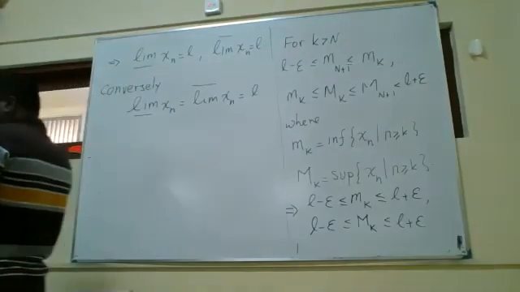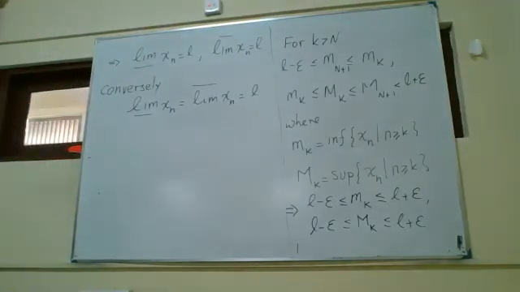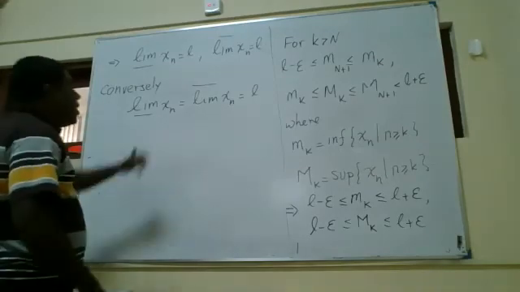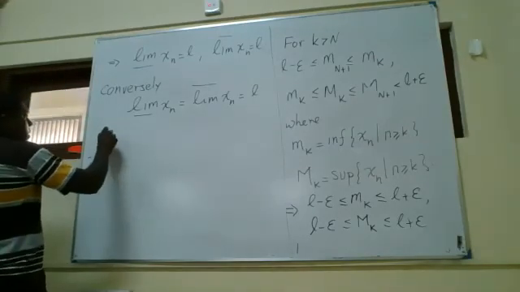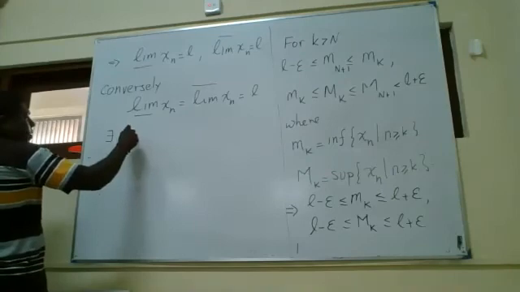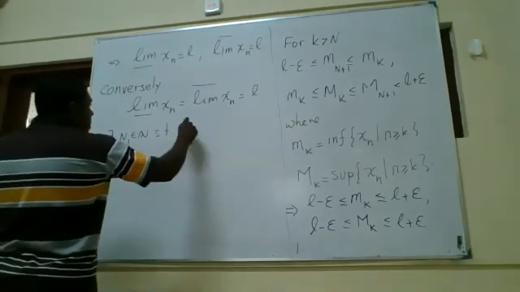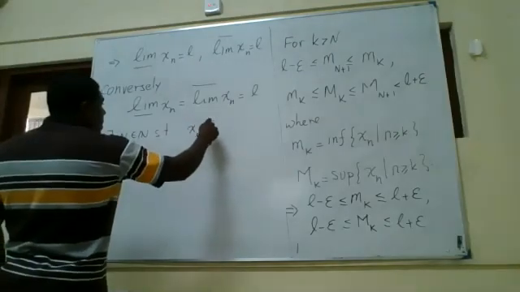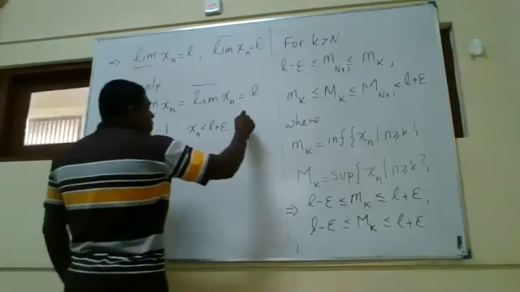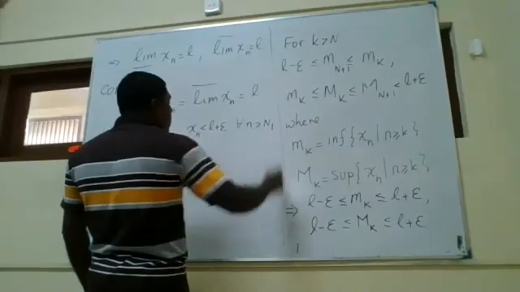Suppose you have these two. Then you have to show that there is a limit and that it is L. Because of 1, there exists N1 belonging to the natural numbers such that Xn is less than L plus epsilon for all n greater than N1.